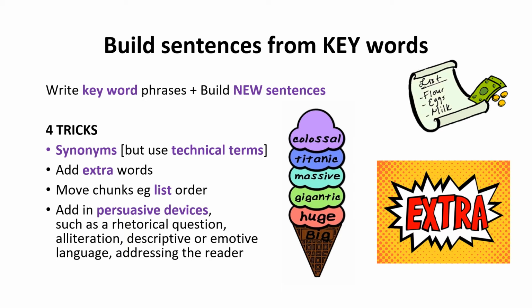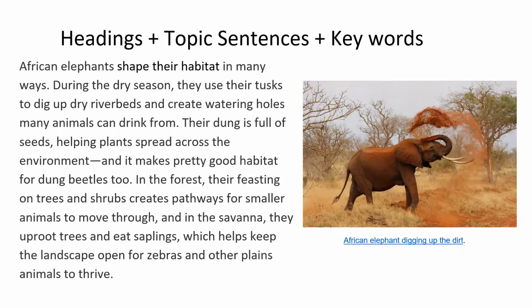We move chunks around, for example, the order of things in a list. And my super special trick is add in some persuasive devices, such as a rhetorical question, descriptive or emotive language, and address the reader. So these tricks that you use for persuasive writing can be used really powerfully in a text that you are writing for information.